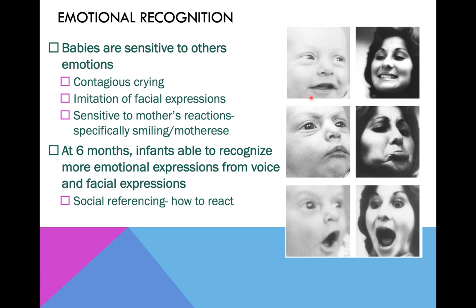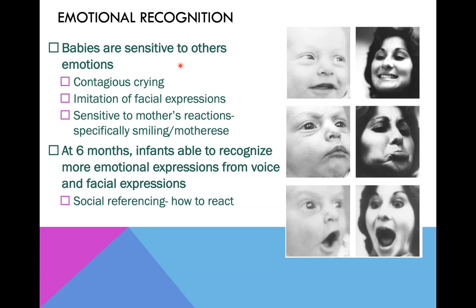Now, this does not mean that they understand the emotion, but they certainly recognize the emotion that an adult is expressing. And so if you smile, they'll try to smile. If you pout, they try to pout, or they purse their lips and their eyebrows. And if you open your mouth, they open their mouth as well.